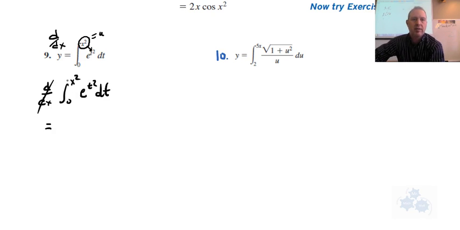This kind of cancels off with the integral part, and you have e to the x squared, squared, times the derivative of this here, which is 2x. So this becomes 2x e to the x to the 4.